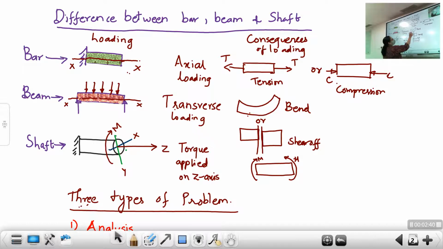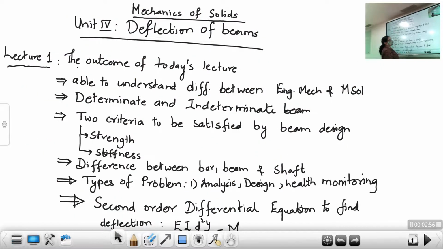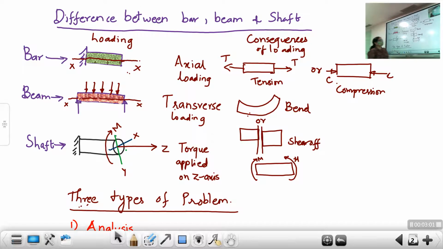Bending will depend on the type of the beam. For simply supported, it bends this way, whereas for cantilever it undergoes hogging bending moment as discussed earlier. So the beam on transverse loading either bends or it shears. So the consequences of the loading here: bending stresses can happen or it can shear off, so there would be shear stresses generated.